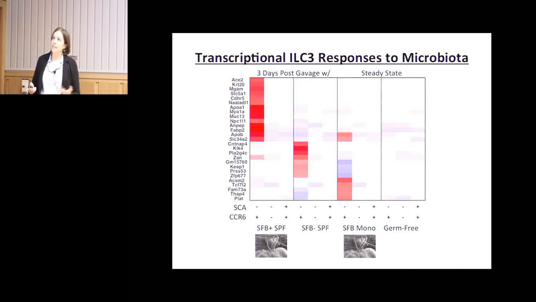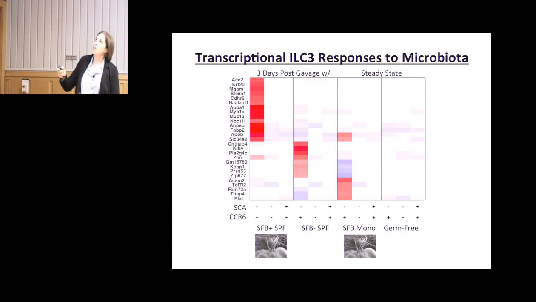But we have done some experiments in ILC3s. We have some time course experiments, so we have 3 days post fecal gavage with either SFB positive fecal material or SFB negative. And then we also have some steady state measurements in SFB monocolonized mice and germ-free.